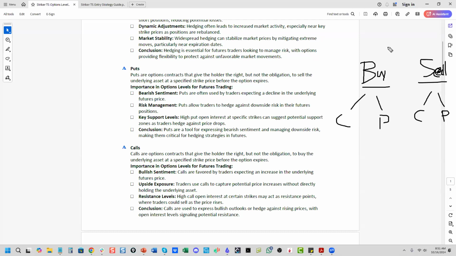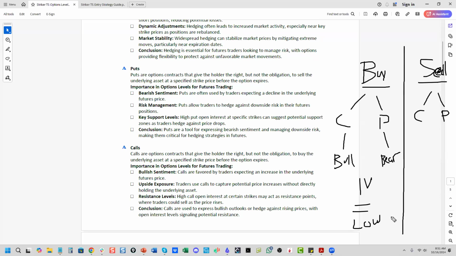If I say I'm buying options, buying calls is bullish and buying puts is bearish. And the only time I want to be buying options is when implied volatility is low. That's just the truth. So we're not buying any options, but you need to understand a few things.